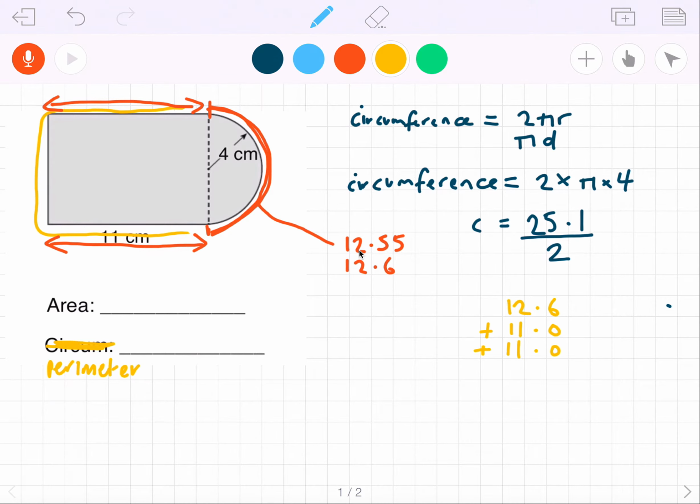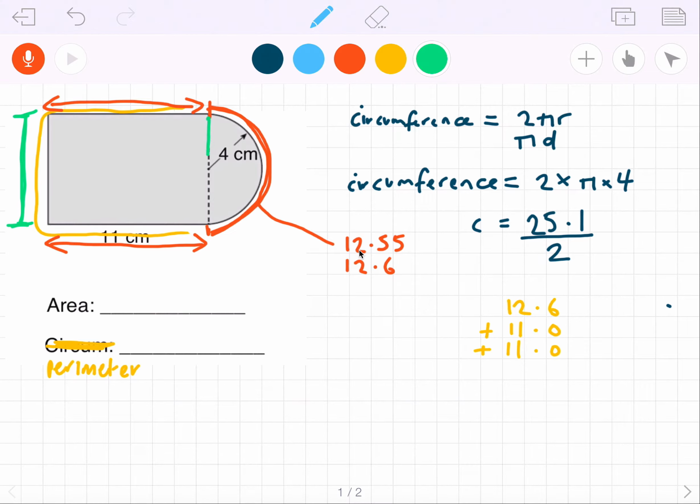Then the final bit we've got to work out is, what is this length here? Any thoughts on what that length might be? Well, of course, we've got a semicircle over here, and we know that the radius of that semicircle is 4 centimeters.